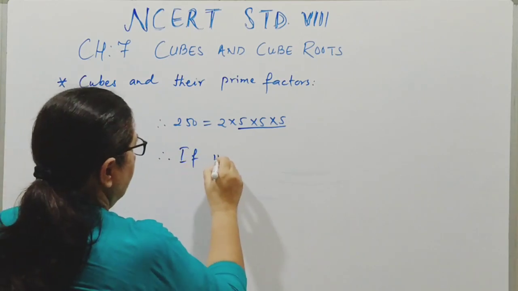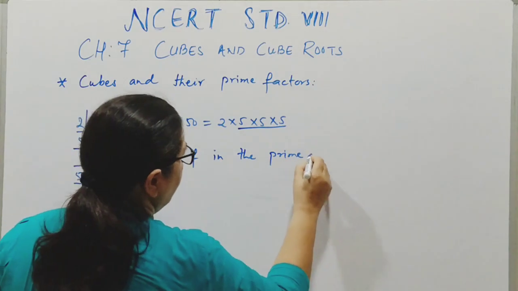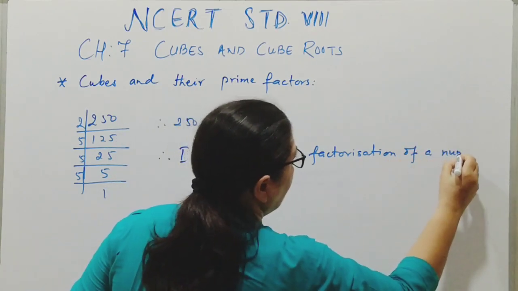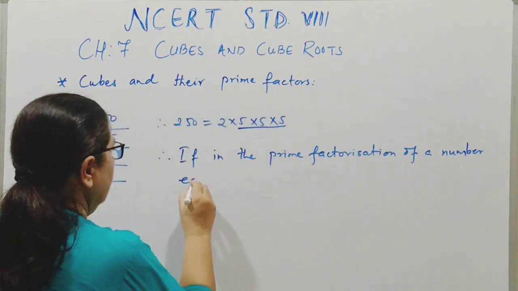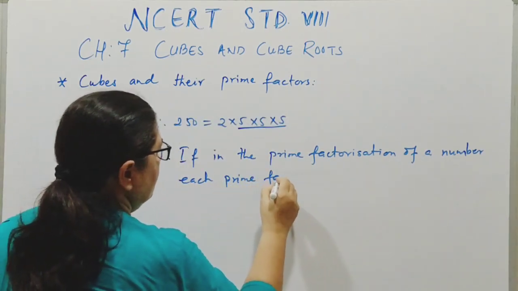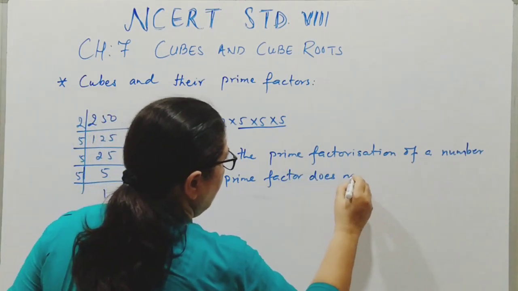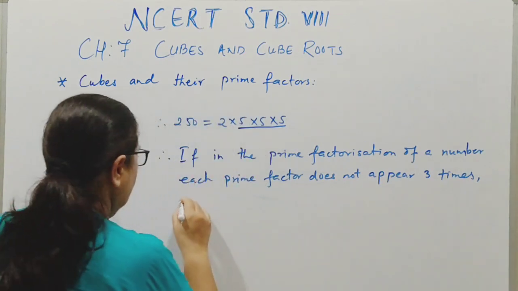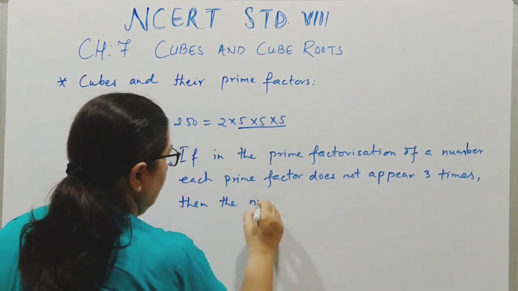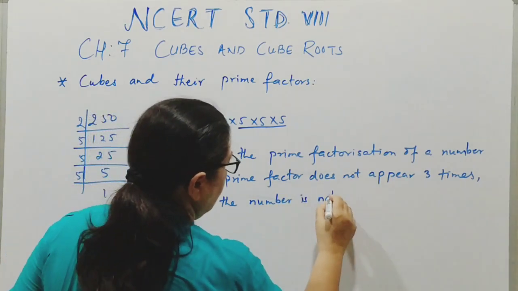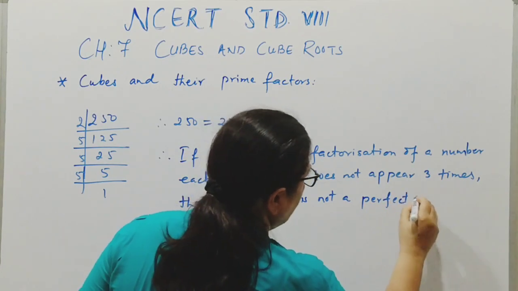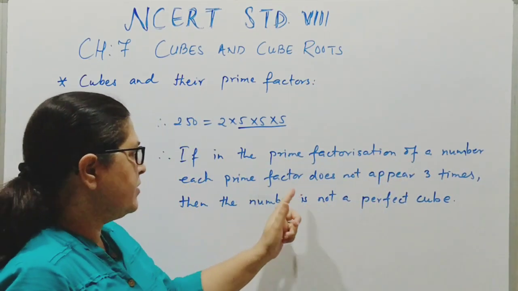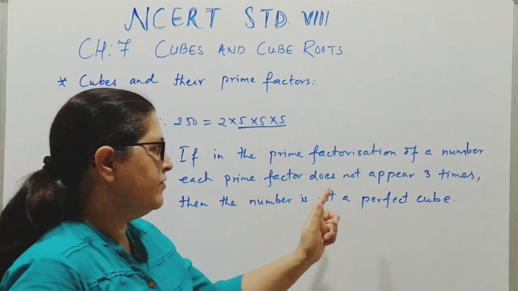Therefore, if in the prime factorization of a number, each prime factor does not appear 3 times, then the number is not a perfect cube.